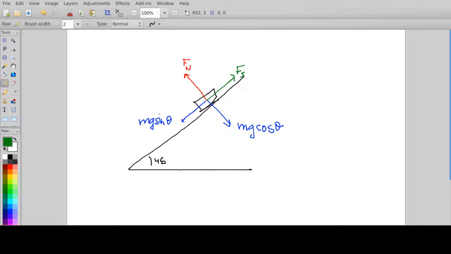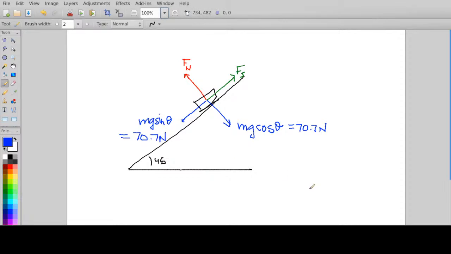All the numbers, when we go to calculate things like mg cosine theta and mg sine theta, are the same. So this number here, let me do that in blue, is going to turn out to be 70.7 newtons, and this one's going to turn out to be 70.7 newtons.